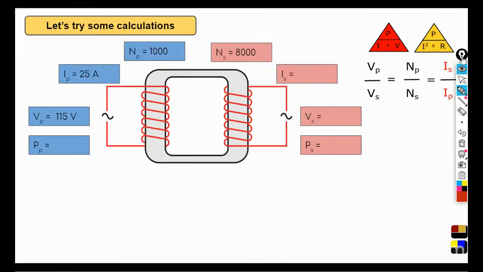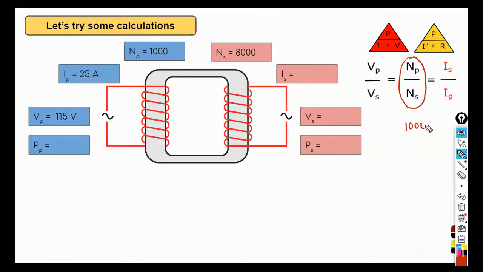So what I usually tell students, according to the formula, remember, it's NP divided by NS. The NP value is 1,000 and the NS value is 8,000. When you put it in the formula, these three zeros are going to cancel out with those three zeros in any case.